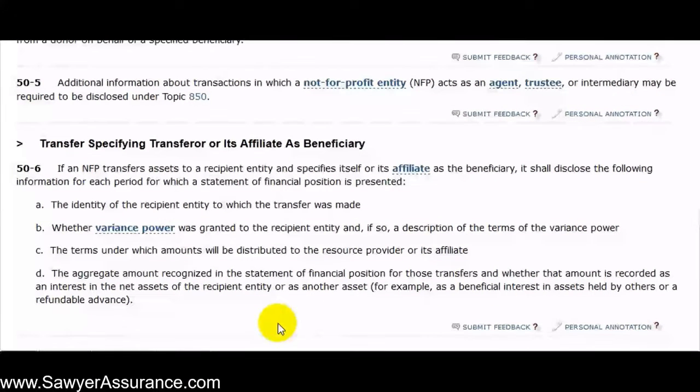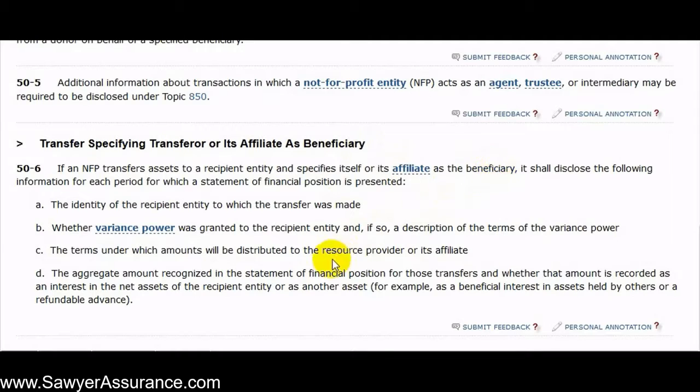And we remind you that in the transfer of assets in an equity transaction, basically the not-for-profit entity, which we call the resource provider, has sent assets to the recipient entity, and they have specified itself, that's the resource provider, or an affiliate as the beneficiary.